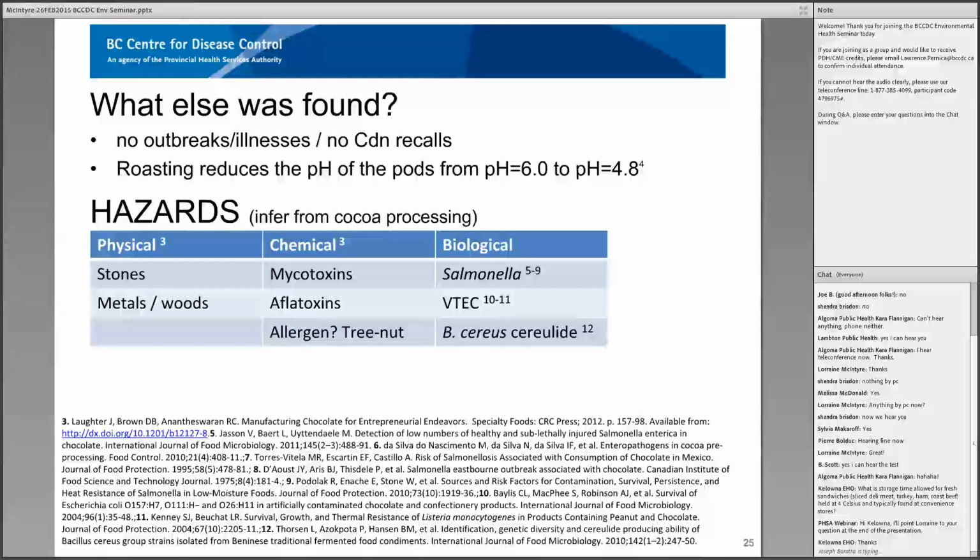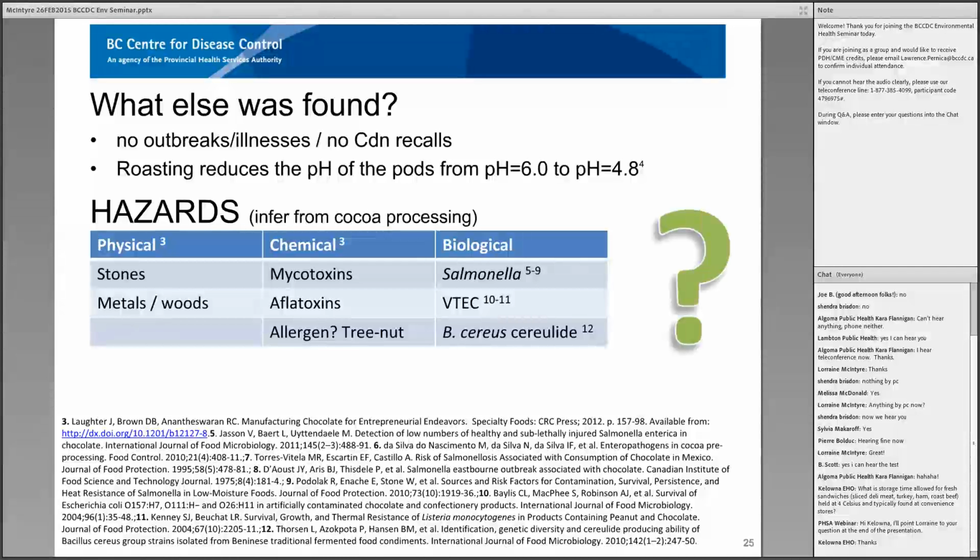And again, although neither carob nor cocoa is an allergen, depending on where they're sourcing their product, there is a potential allergen risk if it gets mixed in with some other kind of tree nut. So some operations do more than one thing, so there's always that risk if they don't separate the process. And then the biological risks, and again, principally Salmonella, Verotoxigenic E. coli, and even one with a fermented carob product that had Bacillus cereus in it.